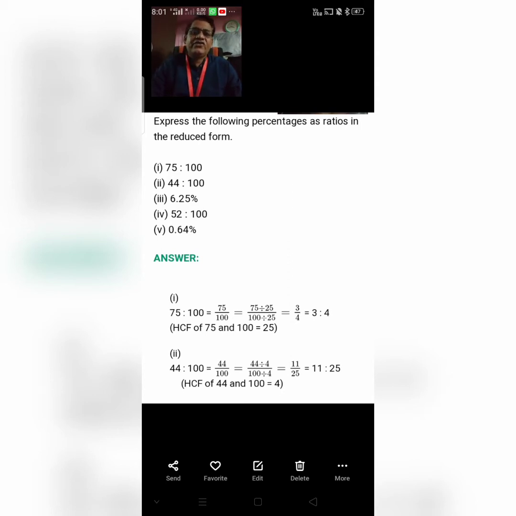So these ratios are called percentage ratios, and you have to express this percentage ratio in its reduced form, meaning its simple form. Now how to reduce the given percentage ratio into reduced form?